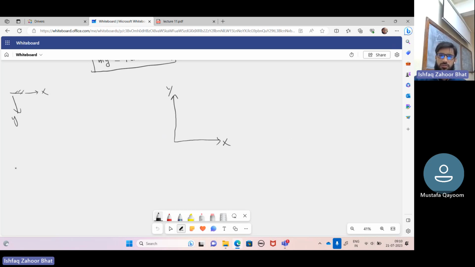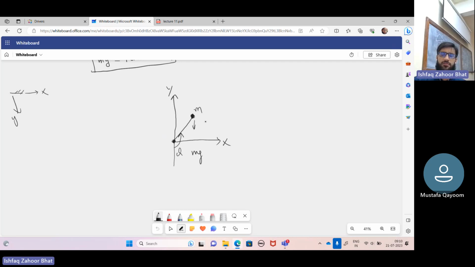So let us choose a pendulum which is hinged at this point, and this pendulum has two links. First try to solve this same one-link pendulum. So we have a mass here, and mg will be acting downwards, and let this be theta.